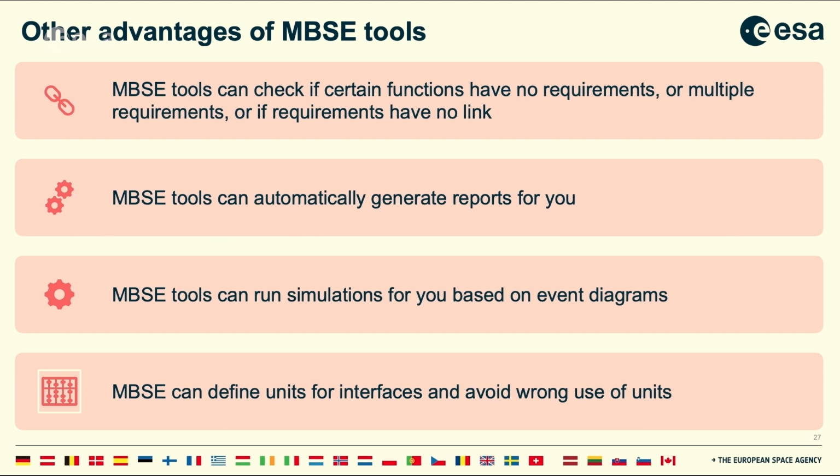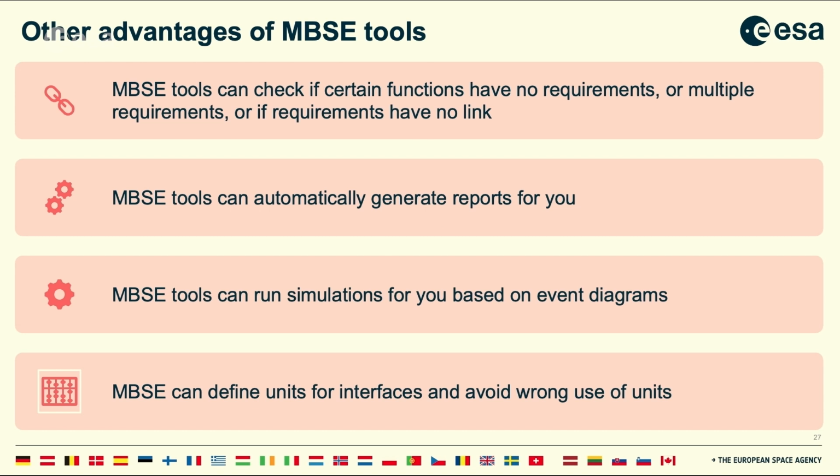Like I mentioned with the events diagram, MBSE can run simulations for you, which could be, let's say, a first high-level check if what you're modeling will actually work when you start running it. And finally, MBSE can define units for interfaces and therefore avoid the wrong use of units.